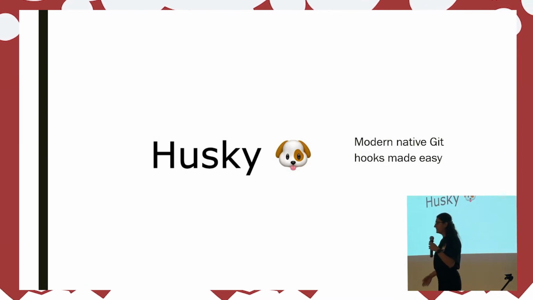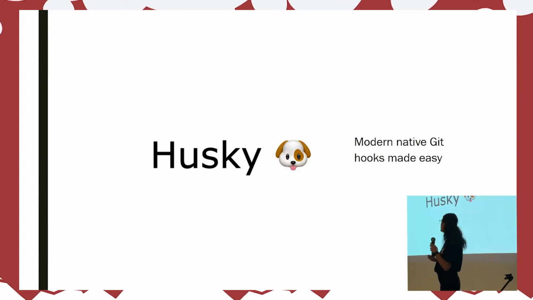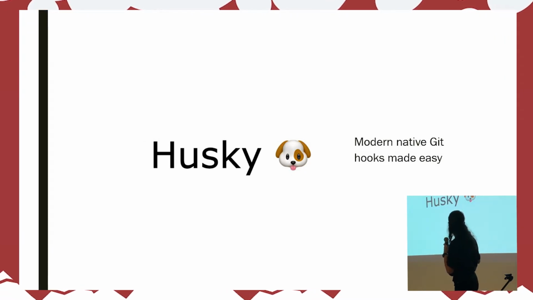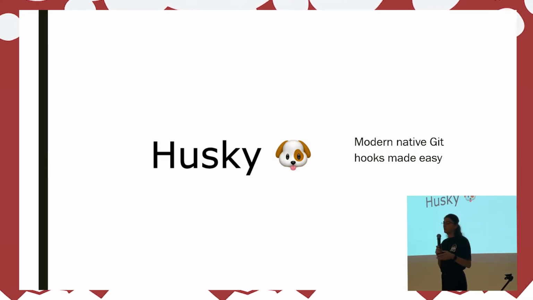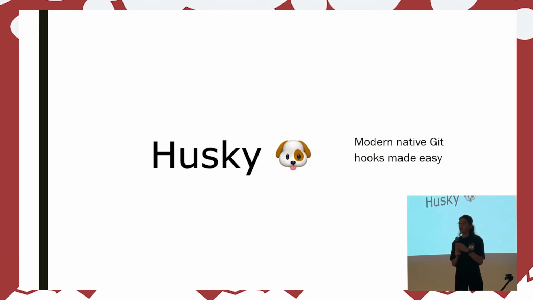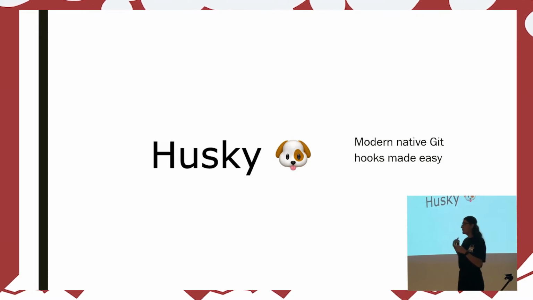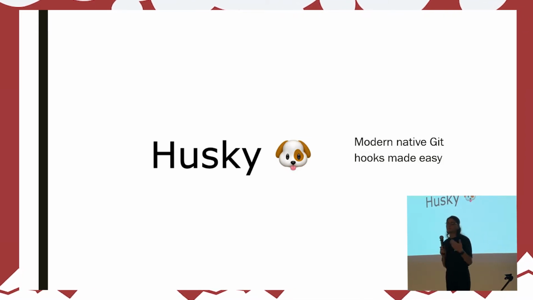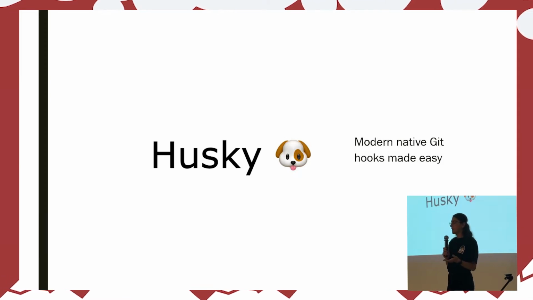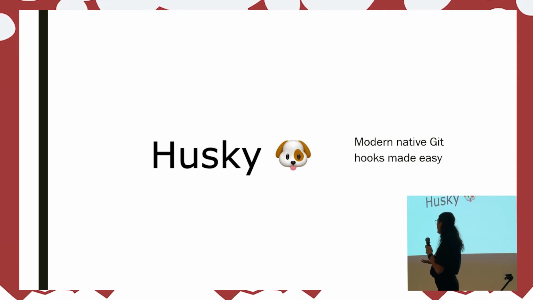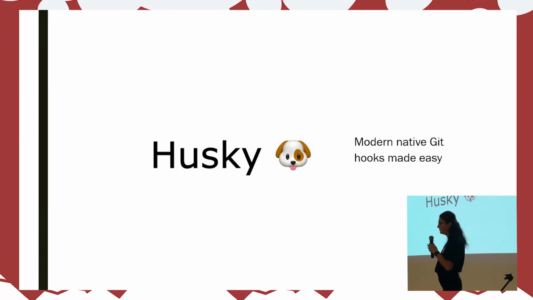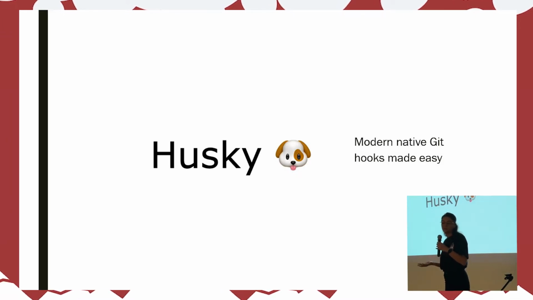And now, finally, the main purpose of my speech today was Husky, modern native Git hooks made easy. What I did before was just to give you an idea and bring you to Husky: what Git hooks are, why they are useful, how they work, and how they help us develop clean code and have no test failures on the remote.